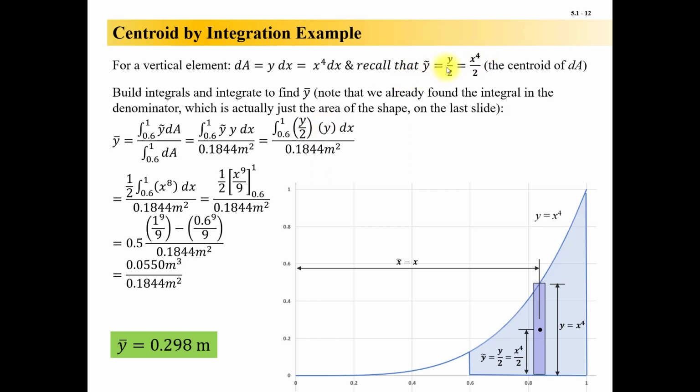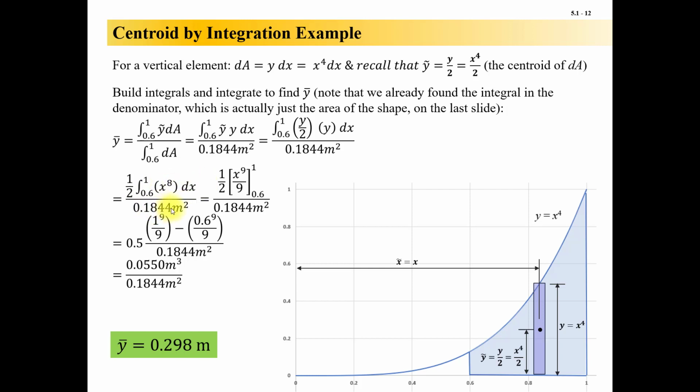Better yet, y is equal to x to the fourth, right? So I can go in here, I'm factoring out my 1/2, and then I've got 1/2 the integral of y squared dx, so that's x to the fourth times x to the fourth, which is x to the 8th dx.